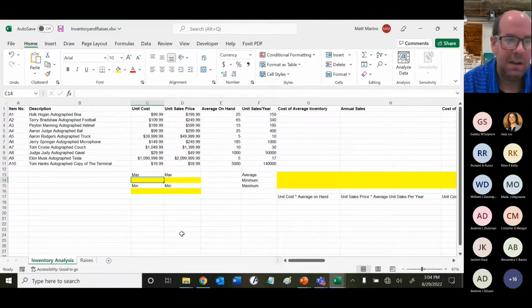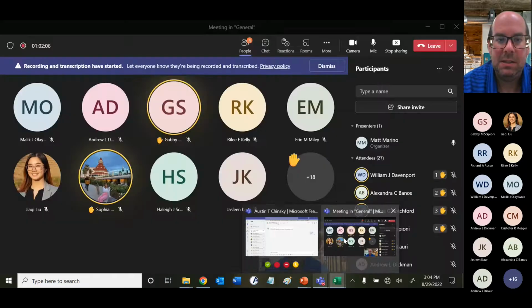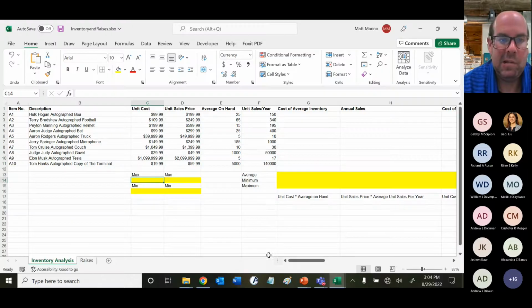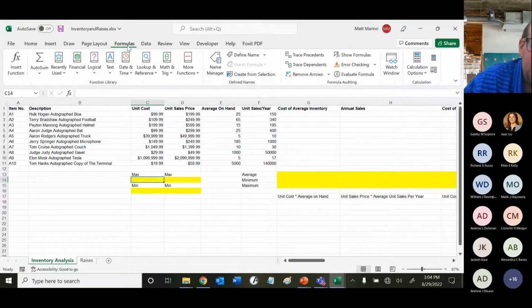So here, we do a lot of work with formulas. Who's familiar with min, max, average? Nobody? Okay, a few of you. You can either type them out or find them under formulas.